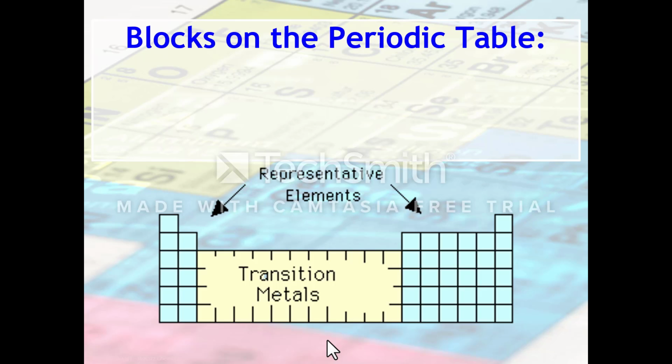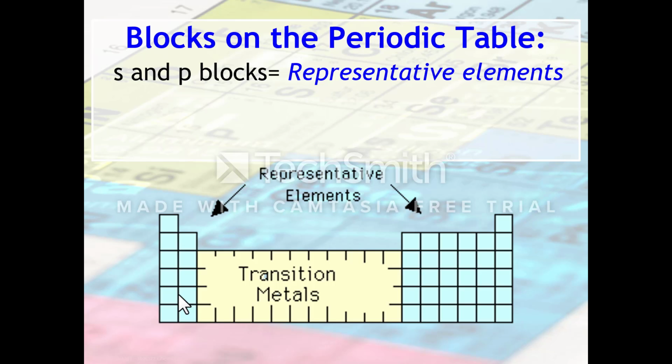Okay, so we're going to talk about just the setup of the periodic table. You need to recognize that this middle box right here, the one colored in yellow, is our transition metals. And then the elements, and we'll say the columns are higher, so they're a little higher up, colored in blue here, we call those representative elements.